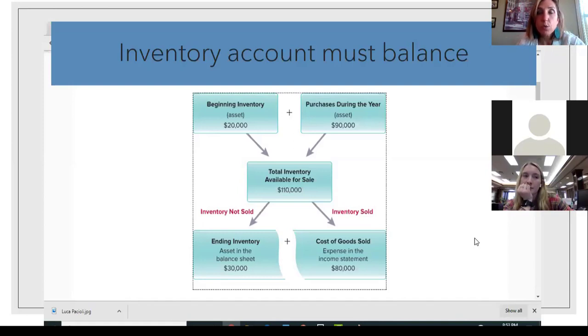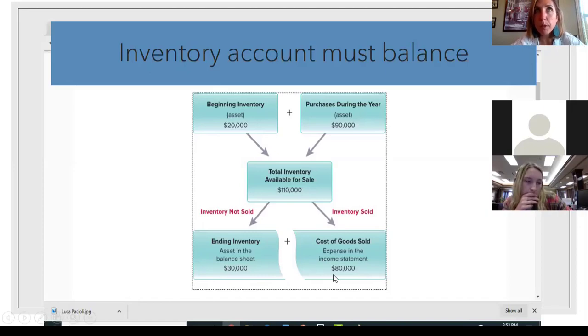The ending inventory has to balance to 1. That's what this first slide says, that whatever you started with, your beginning inventory, and any new purchases you make for the month, quarter, or year, those at the bottom here, how the arrows are going down, all of that inventory has to end up in one of 2 places. It has to still be left on your balance sheet, or it has to be expensed. It has to be sold.